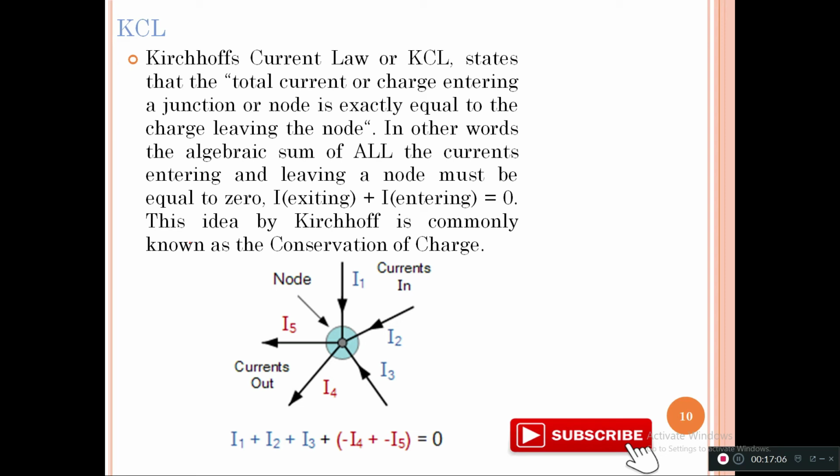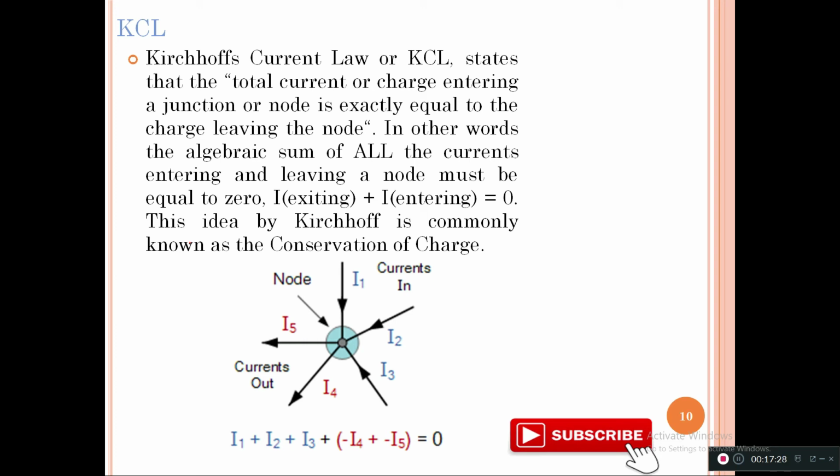Now you are free to take the direction of the current as positive or negative. In this particular figure, the incoming current is taken as positive. As you can see, I1, I2 and I3 are positive in the equation, and I4 and I5 are taken as negative. Okay. What I follow in my analysis of KCL is I take incoming current as negative and outgoing current as positive.